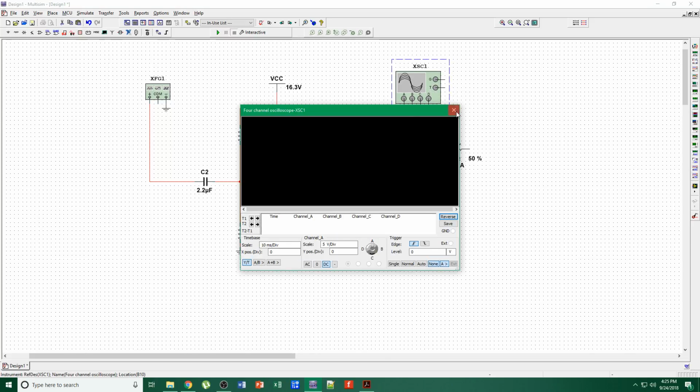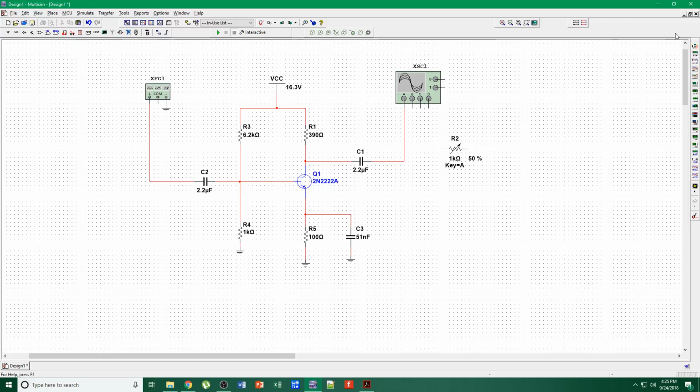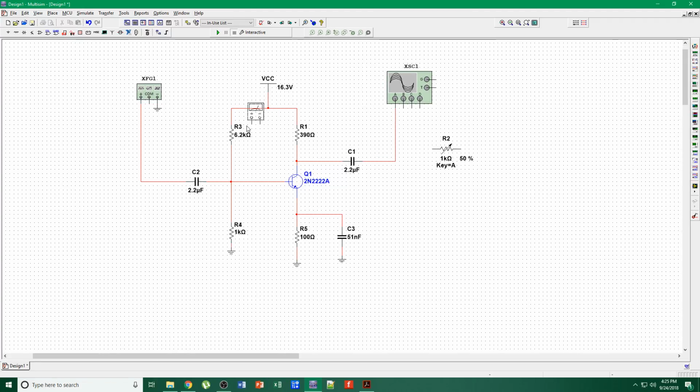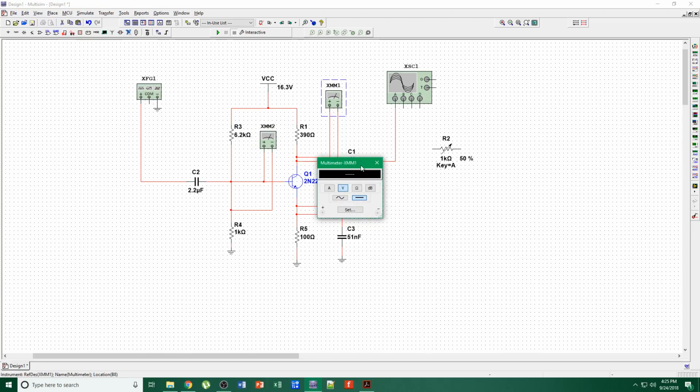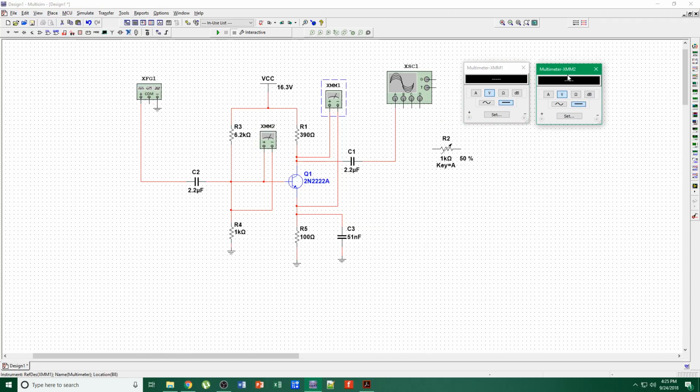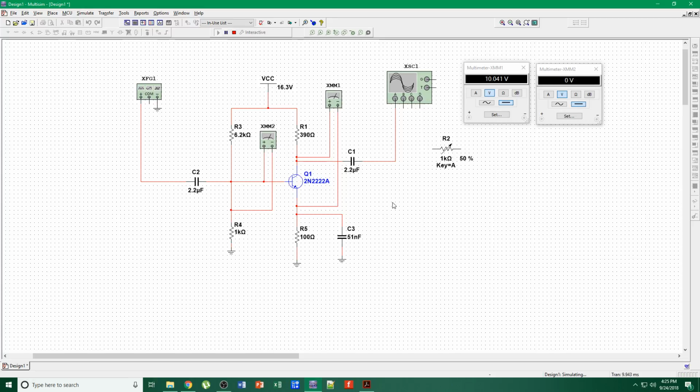Good. And we will need a multimeter across base, and across collector emitter and at the base. So let's check our voltages, see if we're correct, and begin. That is not ground. This is ground.